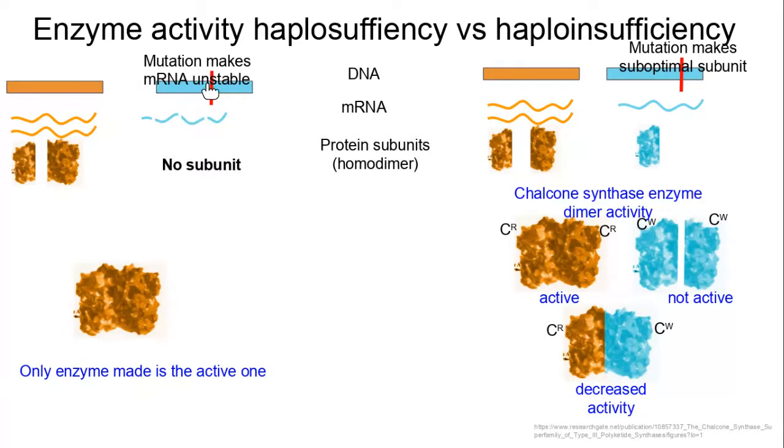So this non-functional subunit doesn't mess with the activity of this one, so it doesn't bind any of these subunits. So you don't get this chimeric enzyme, even though you only have one gene that encodes a functional enzyme. Because the second one doesn't get made, this allele doesn't interfere with the action of this one enzyme. So this would be a case of haplosufficiency, and here I'm showing you the haploinsufficiency.